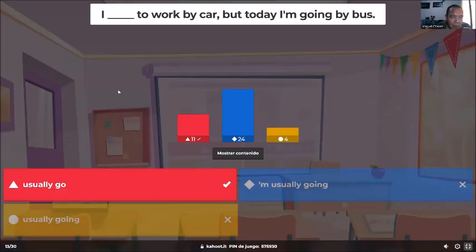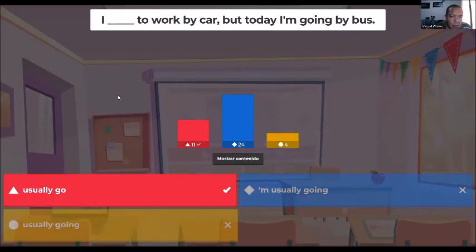Usually go is the correct answer. I usually go to work by car, but today I'm going by bus. My car is broken today. That's why I use the bus today.